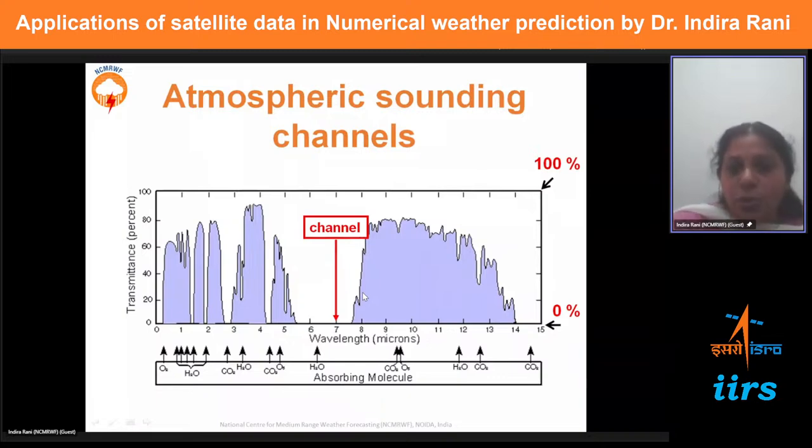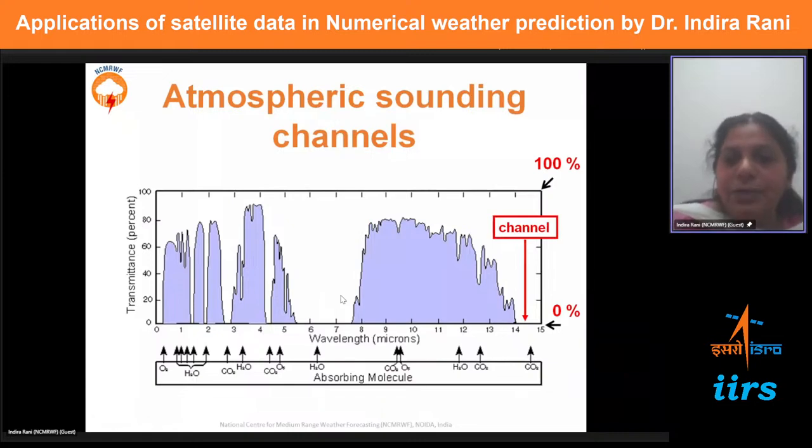So we have to select those channels or frequencies where the contribution from the atmosphere is maximum. In this region the contribution from the surface is maximum, because we have a transmittance of 80% at these wavelengths. But in this particular range the transmittance is nearly 0, so most of the contribution is coming from the atmosphere, not from the surface.